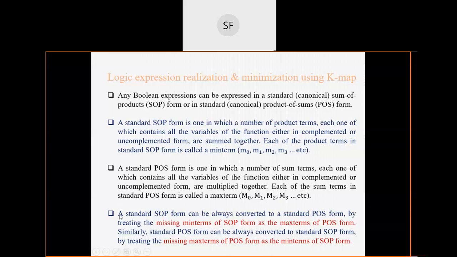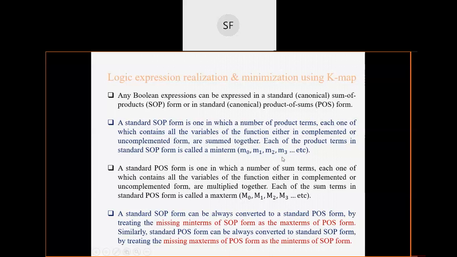Now we have also seen using some examples that a standard SOP form can always be converted to a standard POS form. How? By treating the missing min terms of the SOP form as max terms of the POS form. Suppose you have found the min terms in the SOP form. Let's assume that your SOP form is a two variable function. So these will be the min terms: m0, m1, m2, and m3.